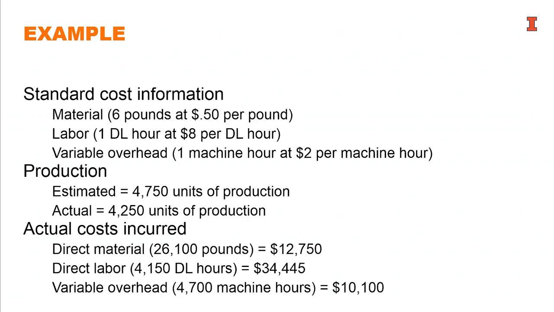So let's first calculate the variances for direct materials. When I'm creating these variances, I start with what we know at the beginning of the accounting period, and that would be our static budget. So beginning with our static budget, we talked in the previous lesson about there being 3 components to the overall budgeted amount. The first is the standard price. And per the given information, we were told that the standard price is 50 cents per pound.